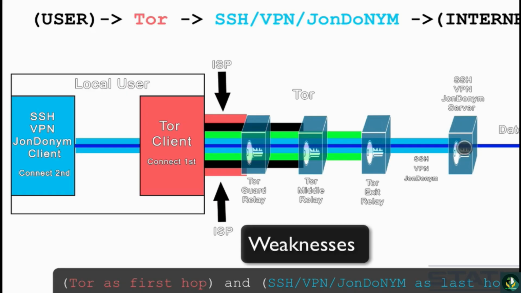And the SSH VPN server is the best protection against the local user Tor client. And Tor and VPN are totally two different systems.